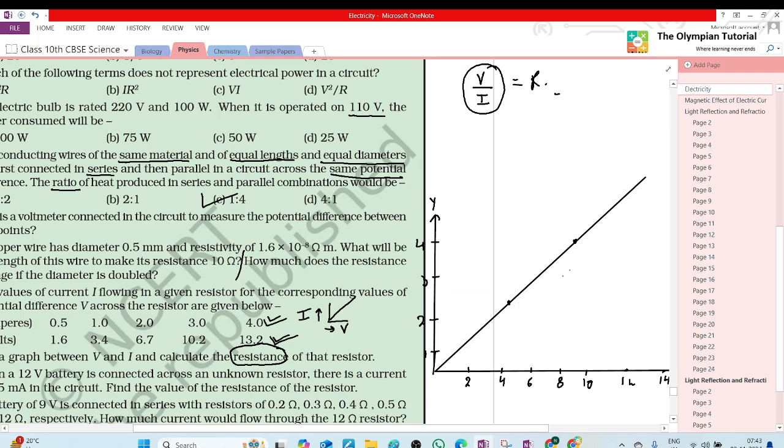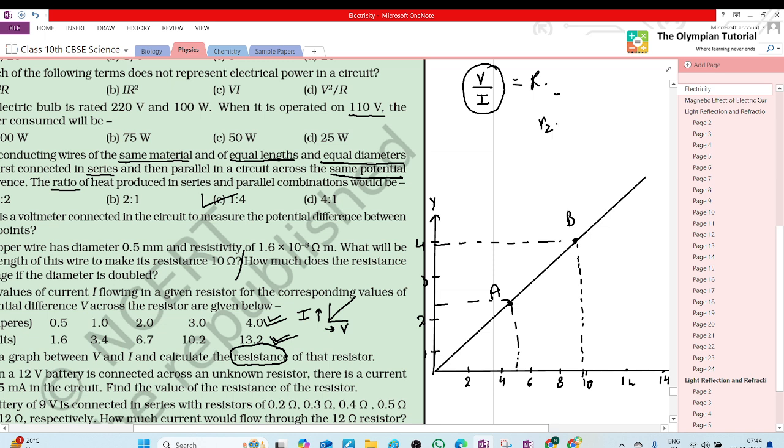Take 2 points, join it like this, and till here. Okay. So at this point, suppose I am taking this point B, take the value of V as well as I, and also for point A, take the value of V as well as I. And what will be the slope?